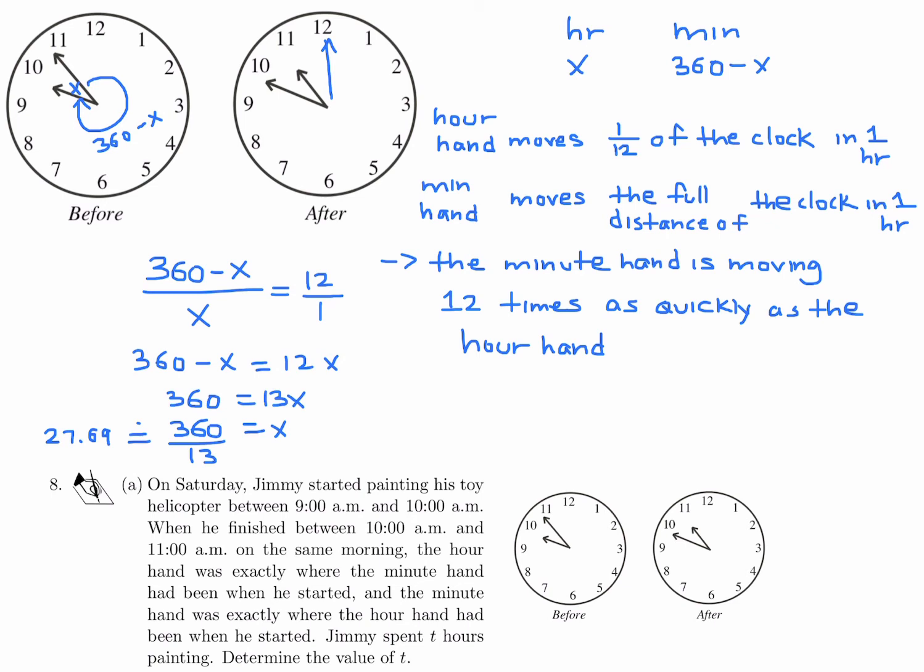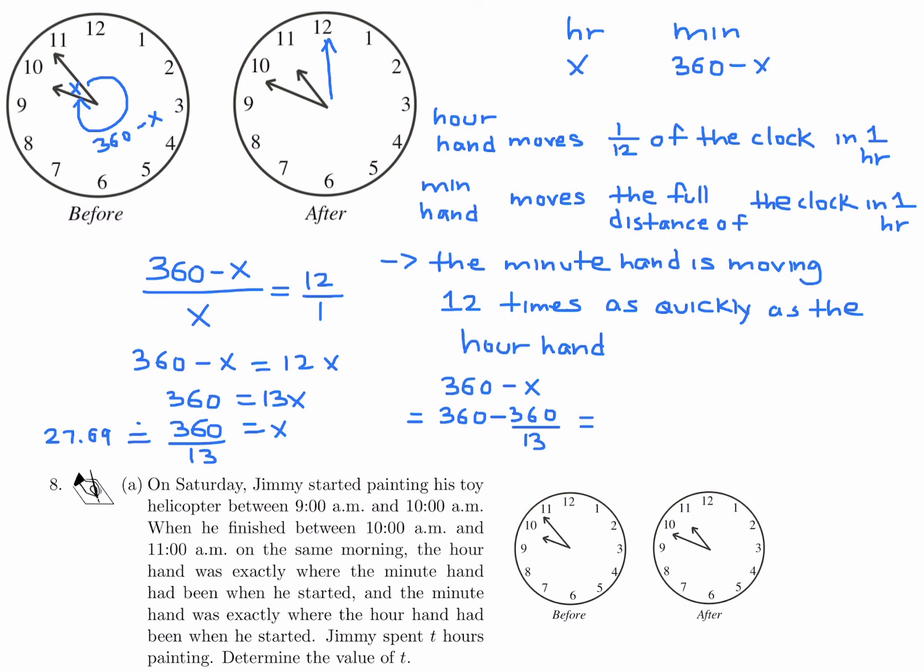So I'll show you. If X is this, then 360 minus X is the distance the minute hand travels, and that distance will be 360 minus 360 over 13.